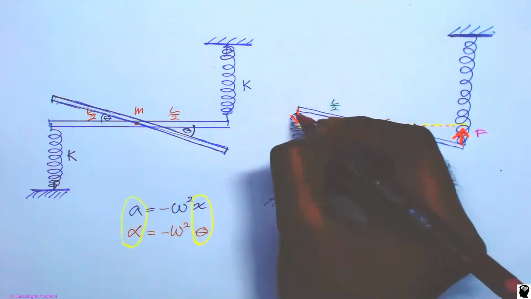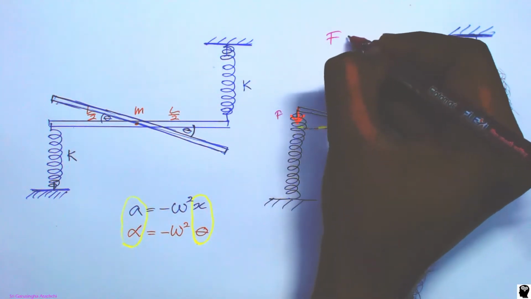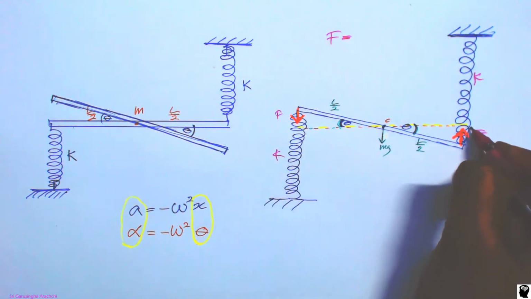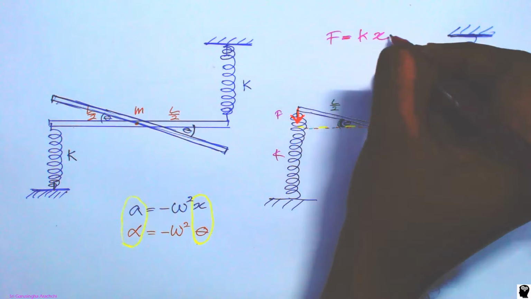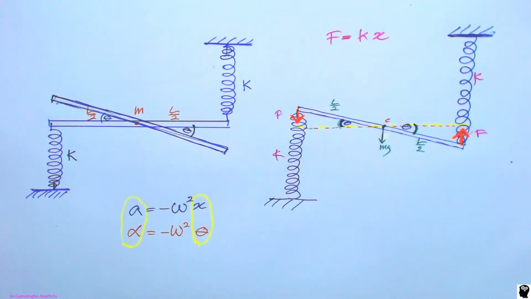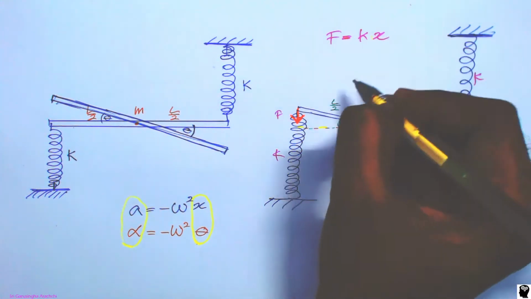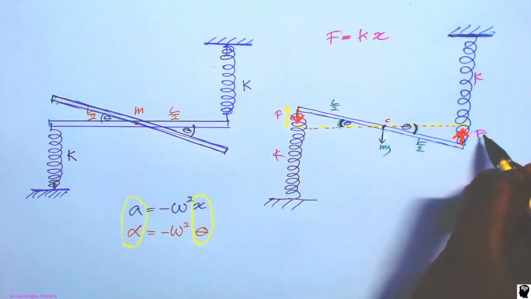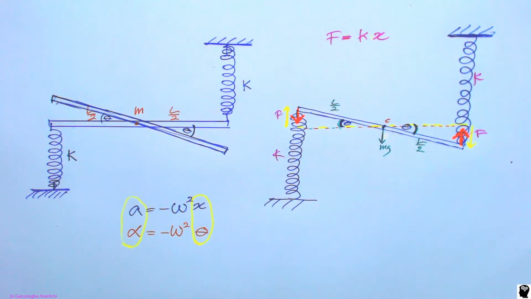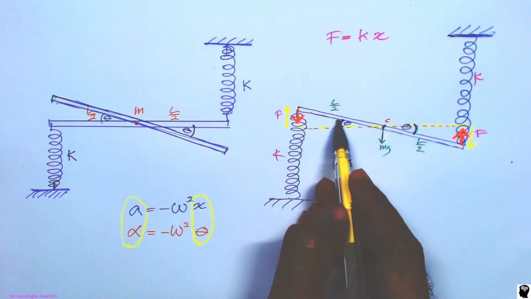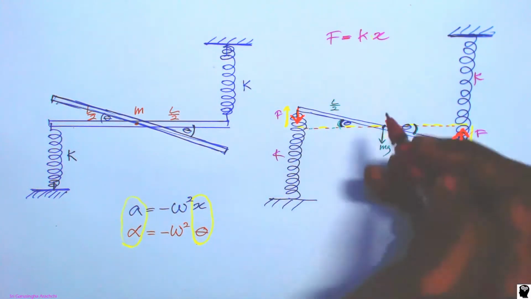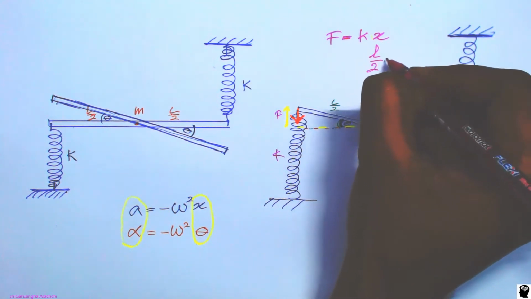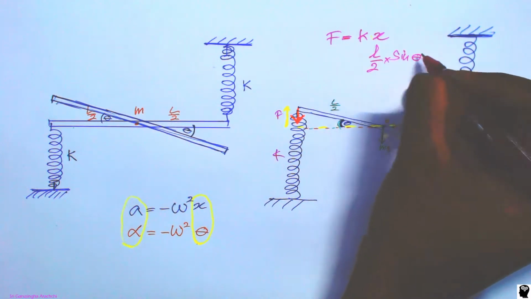This force is equal to the spring constant into the elongation. So what is the elongation? This extension is equal to L divided by 2 into theta. Not actually theta, it would be L divided by 2 into sine theta.